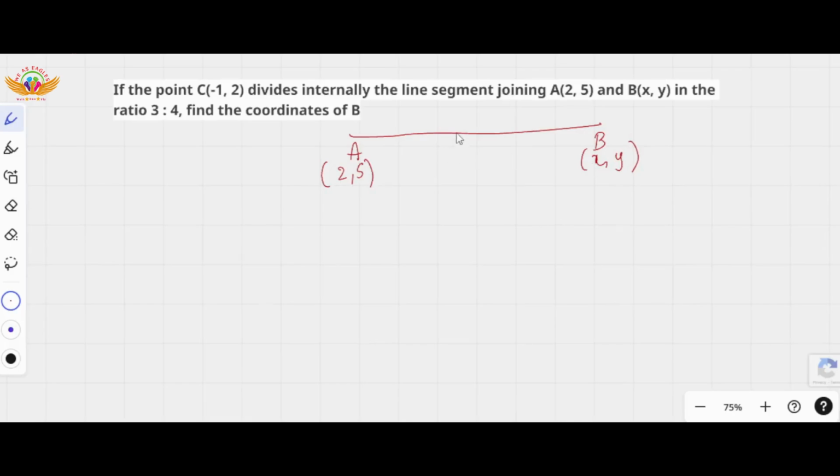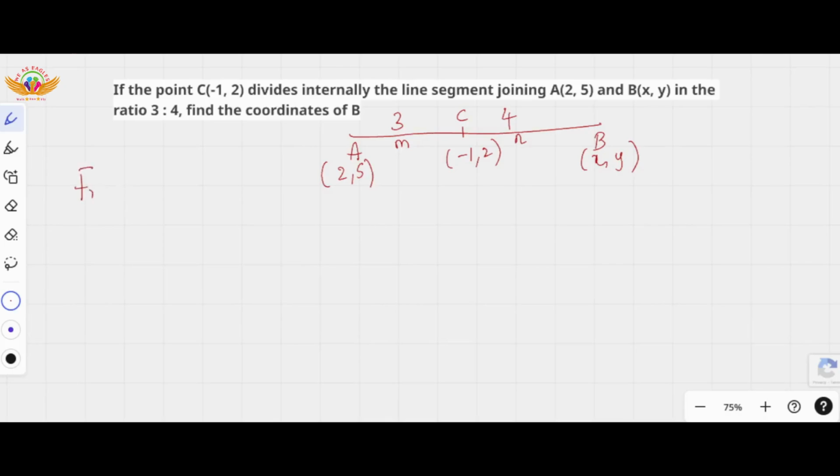They are telling the point C is here and they have given the point minus 1 comma 2, and it is dividing AB in the ratio 3:4. So whenever you see a ratio, you have to use your section formula. We know m, we know n, we also know the point P directly. We have to find out the coordinates of B. Come on, let us solve it.